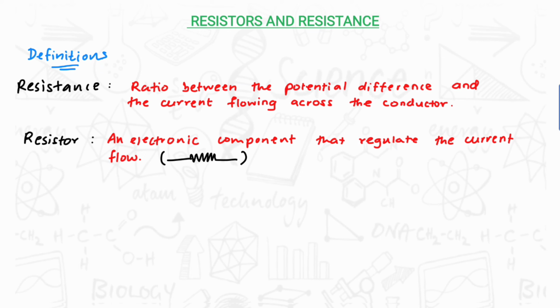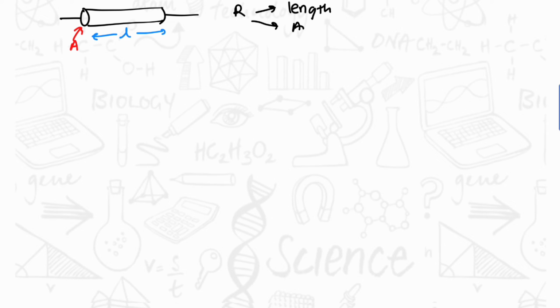to represent resistors. Let's say we have a conductor of length L and the cross-sectional area is A. Now, the resistance of the specific conductor depends on the length, the area, and also the type of material.